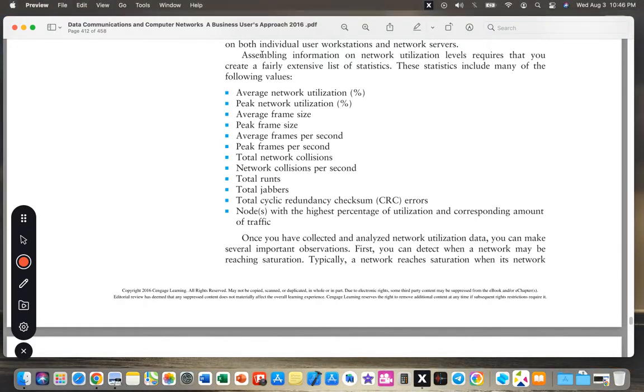Assembling information on network utilization levels requires that you create a fairly extensive list of statistics.